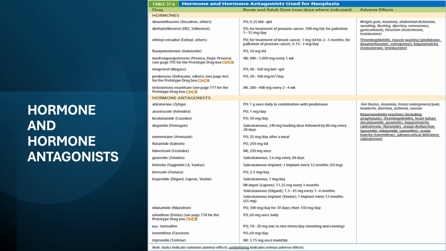The estrogens ethinyl estradiol and diethylstilbestrol are used to treat metastatic breast cancer and prostate cancer. The progestins medroxyprogesterone and megestrol are used to treat advanced endometrial cancer.